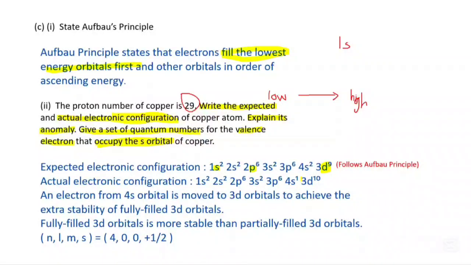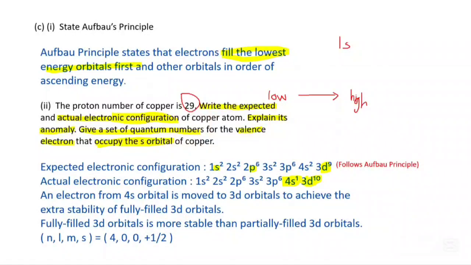We can see we removed one electron from the 4s orbital, and then to the 3d orbital we add one electron. In the expected electronic configuration, we saw that the 3d orbital has only 9 electrons, right? Now in the actual electronic configuration, the 3d orbital has 10 electrons. Why? Because we move one electron from the 4s orbital to the 3d orbital.